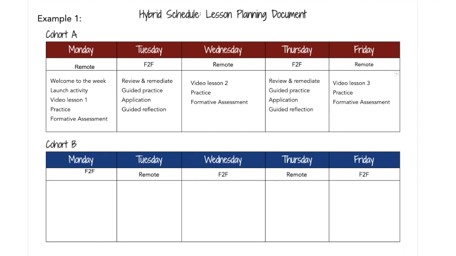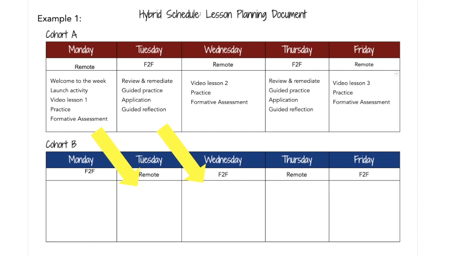Instead, just take what you plan for the remote day for cohort A and move it to the next remote day for cohort B. So cohort B might always be, of course, after the very first day of school. Cohort B always be one day behind cohort A. We can talk more about that first day and ideas for that later.